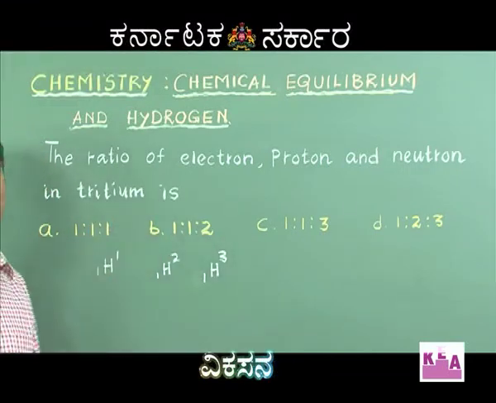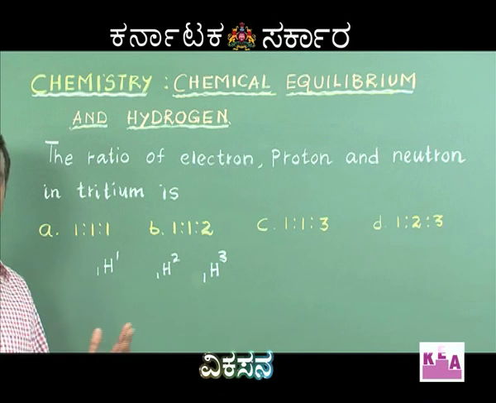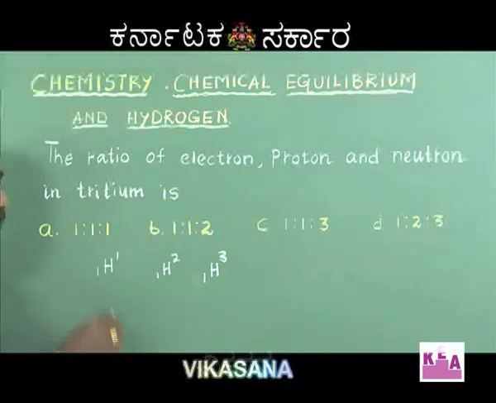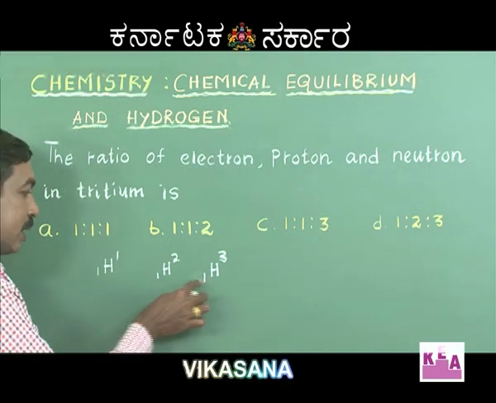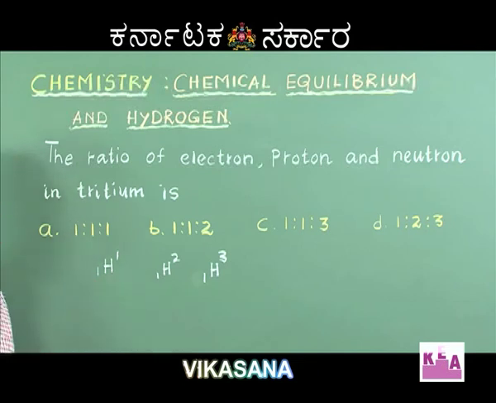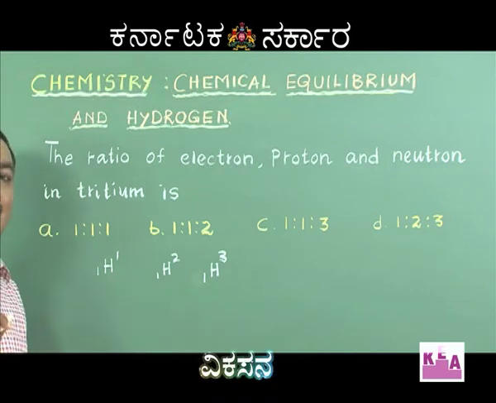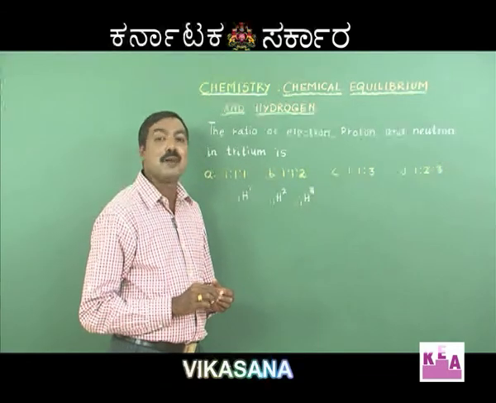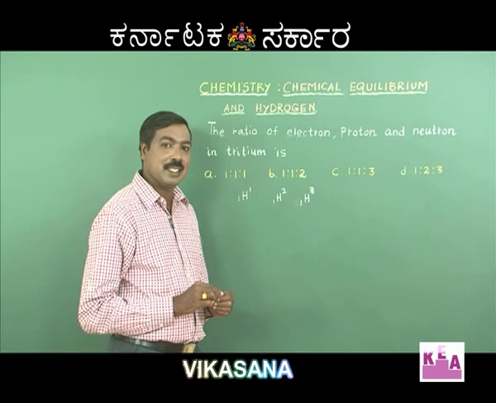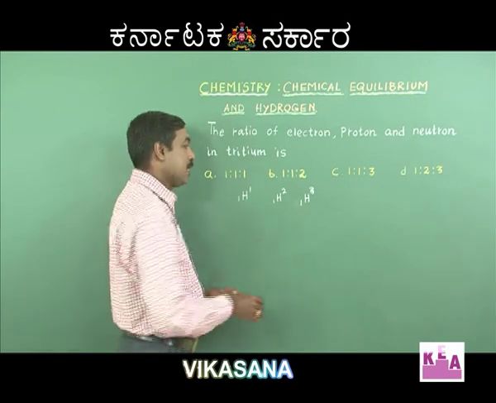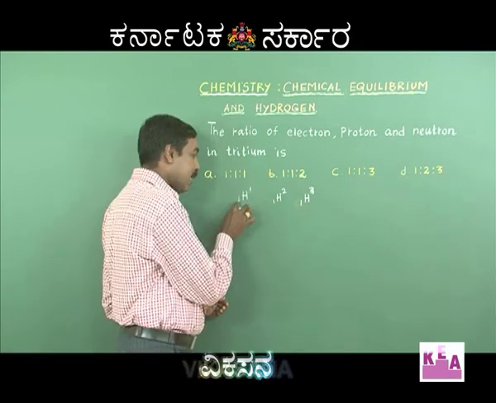In all of these, the number of protons happens to be one and the same, it is 1. When the number of protons is the same, the number of electrons will also be the same. The number of neutrons is arrived at as the difference between the mass number and the atomic number.